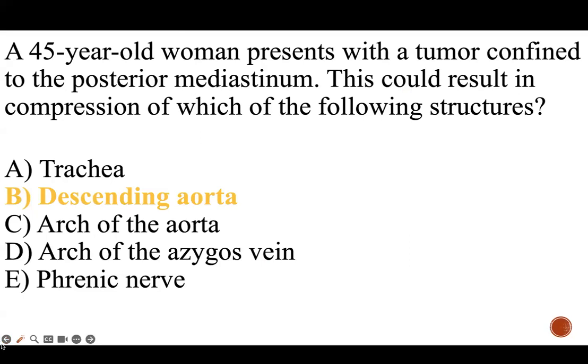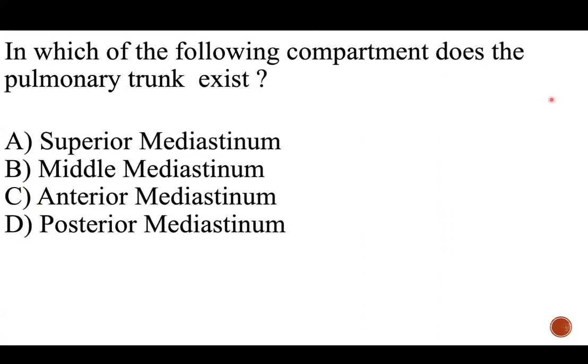Isn't the azygos vein in the posterior? Because the arch of the azygos vein is in the superior mediastinum. Good job. Here's another question. In which of the following compartments does the pulmonary trunk exist?